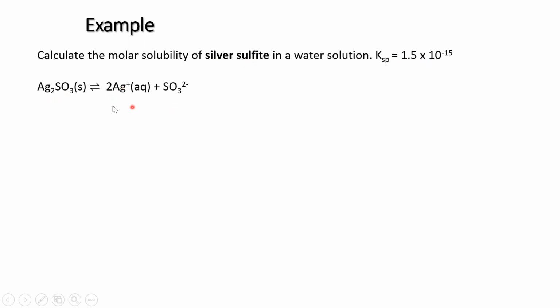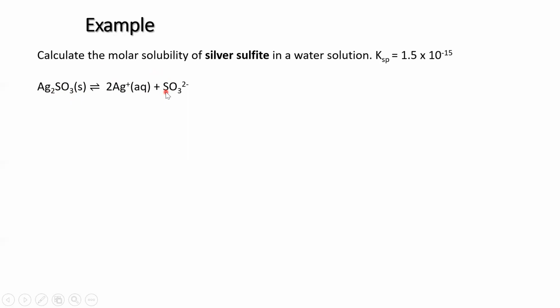So here's our equilibrium reaction. Okay, silver's a plus 1. Sulfite's a minus 2. So we're going to produce silver ions and sulfite ions. There's 2 silver ions here, so we need 2 here. There's 1 sulfite here, so we need 1 here.